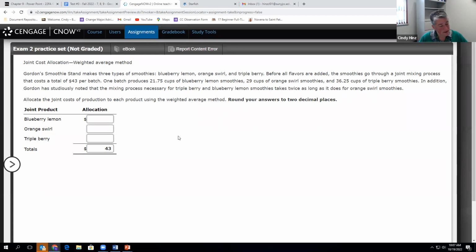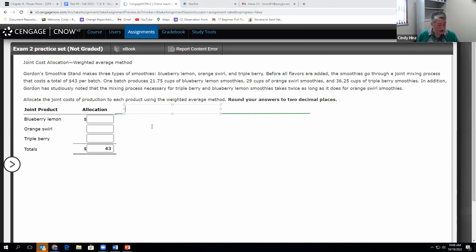So if it takes twice as long, they should be allocated twice as much cost, right? And so let's set up a table here to help us organize our thoughts. I'm going to just extend this line a little bit here, and we'll work across, and then we'll come back to put in our answers.